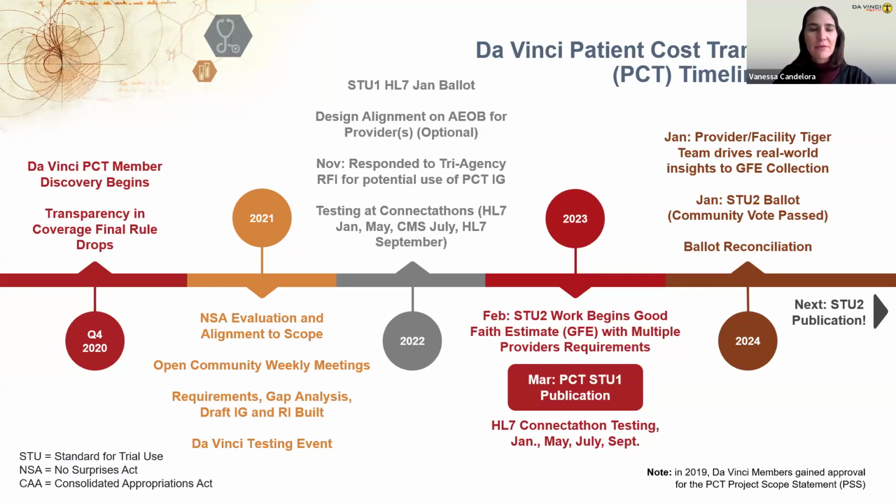We had a draft implementation guide in January of 2022. We published that in March of 2023, doing a lot of testing at Connectathons for a year, actually, to iterate on that standard. And now we're in our STU2, which we balloted in January, and we're going through a reconciliation of that ballot comments or community feedback before we publish our standard for trial use 2. Next slide, please.